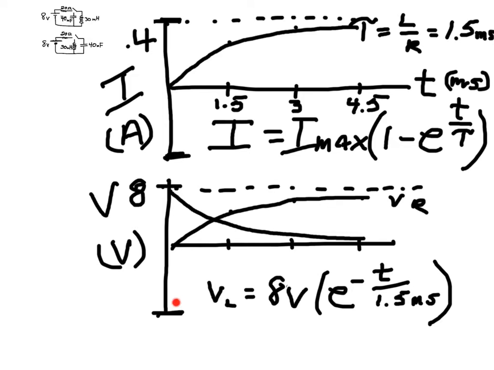If I had graphed it here, starting at negative 8 volts and going this way, then the sum of the two voltages at any point would be... wait a minute, let me pause the video. Okay, so sorry about that unclear last minute.